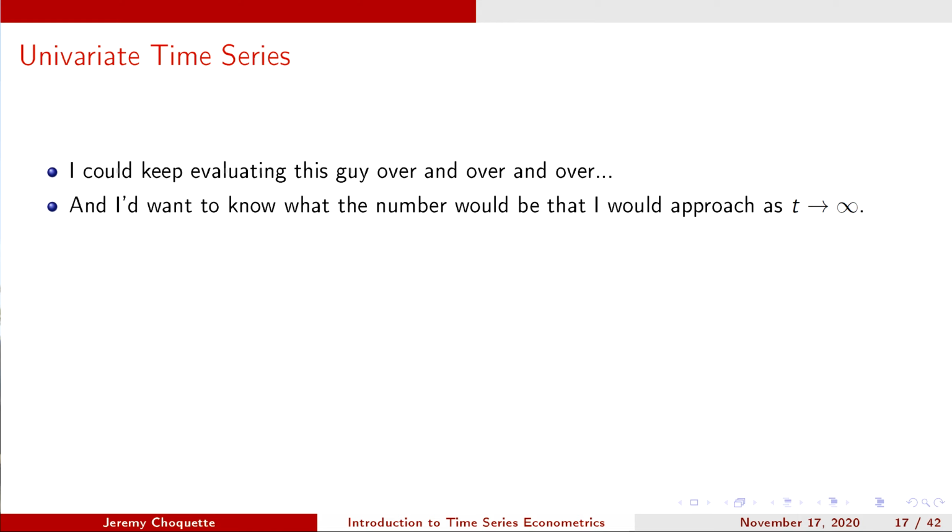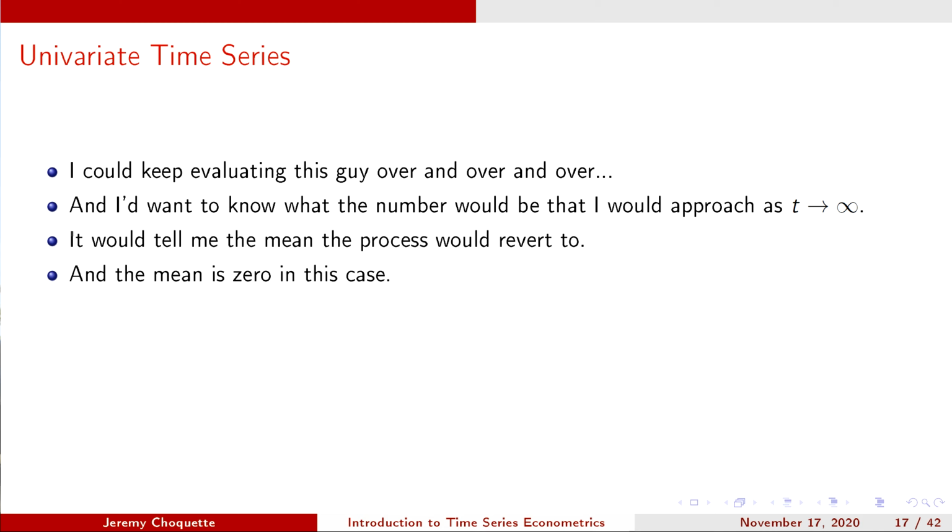Now, I could keep evaluating this thing over and over, and I'd really want to know what that would be as the time horizon in the future approaches infinity. And that would tell me what the mean of this process would be, like what it would revert to.